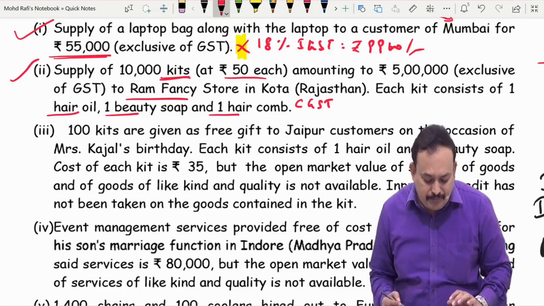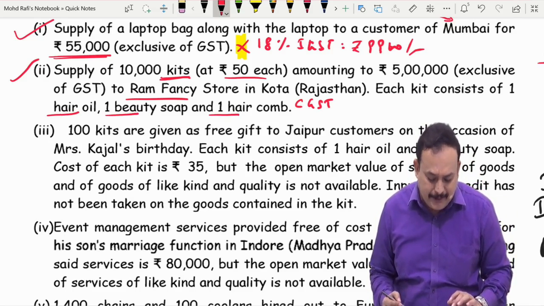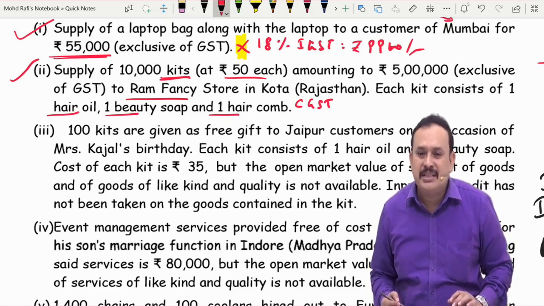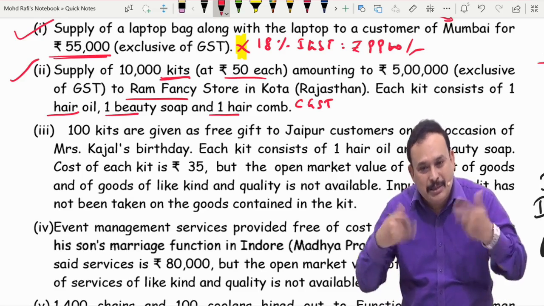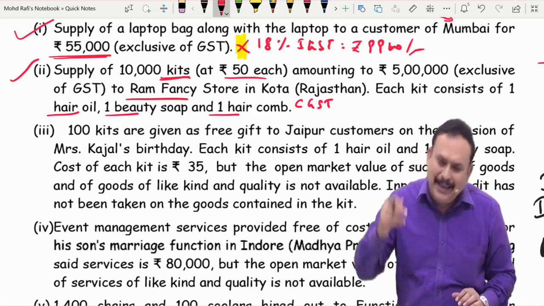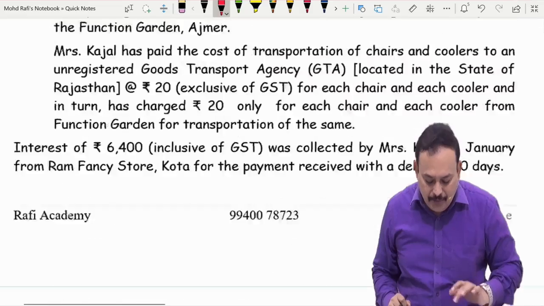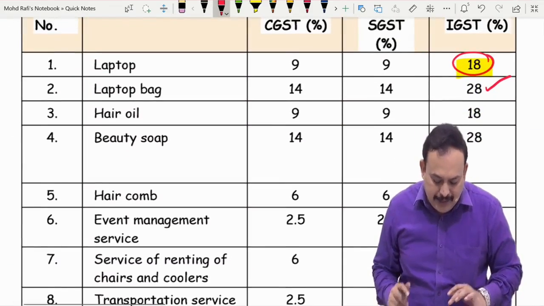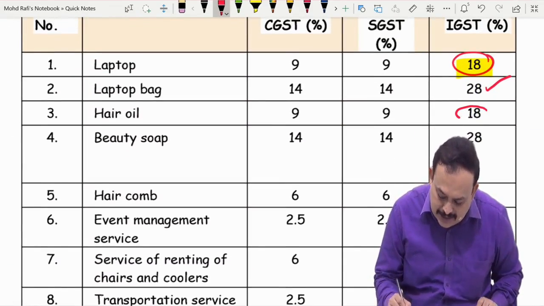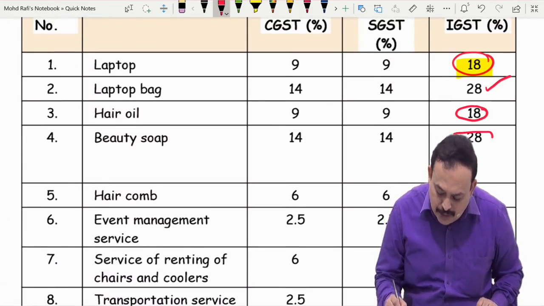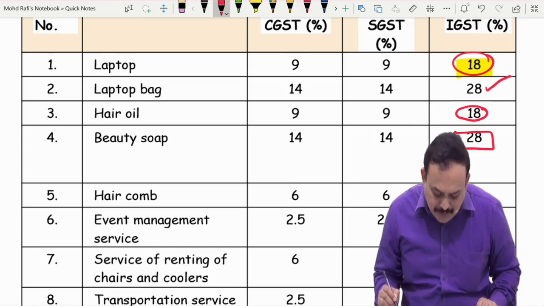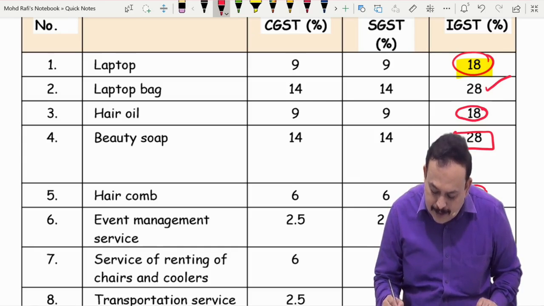Now, in the given case, my dear sir, it is a mixed supply. Each one has an independent market. So, for hair oil, what rate is given in the problem? For hair oil, they have given 18%. Then beauty soap 28%. Thereafter hair comb 12%.